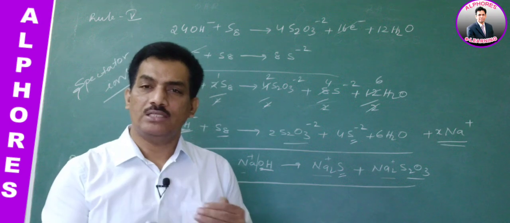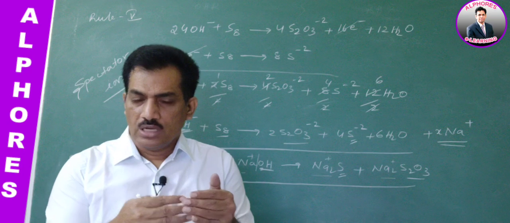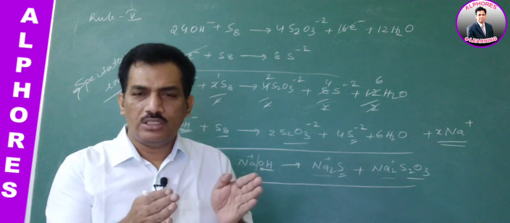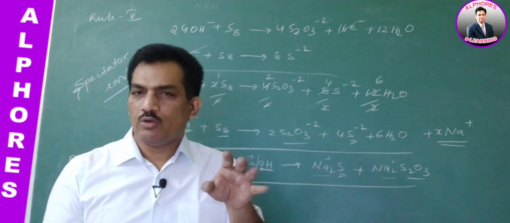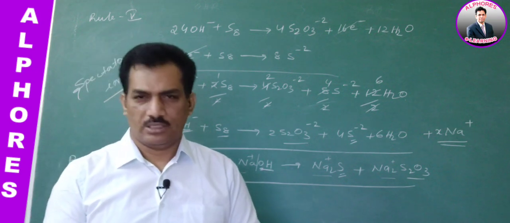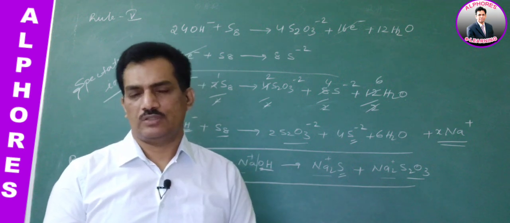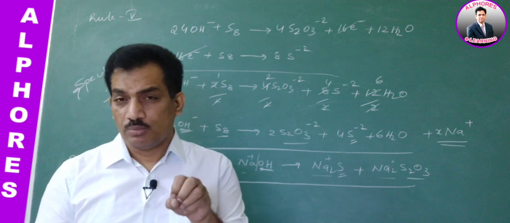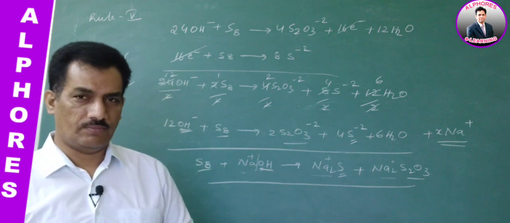But if you go through this video once, twice, thrice, regarding the rules and the application of the rules, and the tricks we are applying, whenever you find time, definitely you will become a master in balancing the equation through the ion electron method. I wish you go through these videos once, twice, and become a master in balancing equations in the ion electron method. Clear?